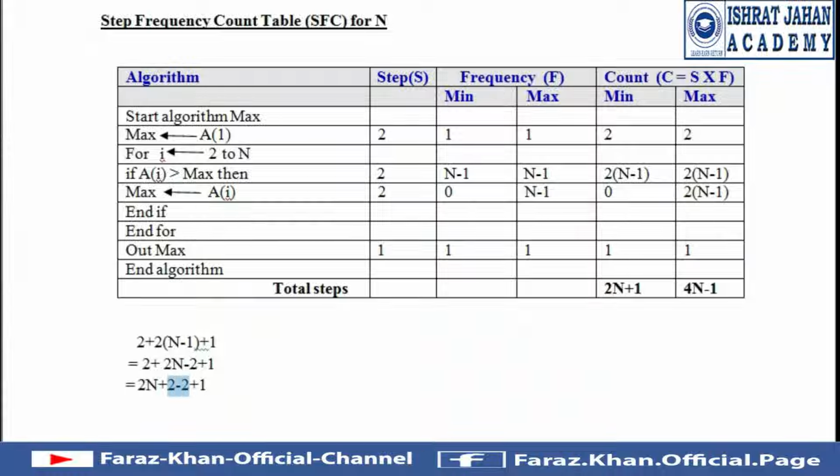I can cancel 2 minus 2, okay? So finally it will become 2n plus 1. So here the minimum value is 2n plus 1. Got it?